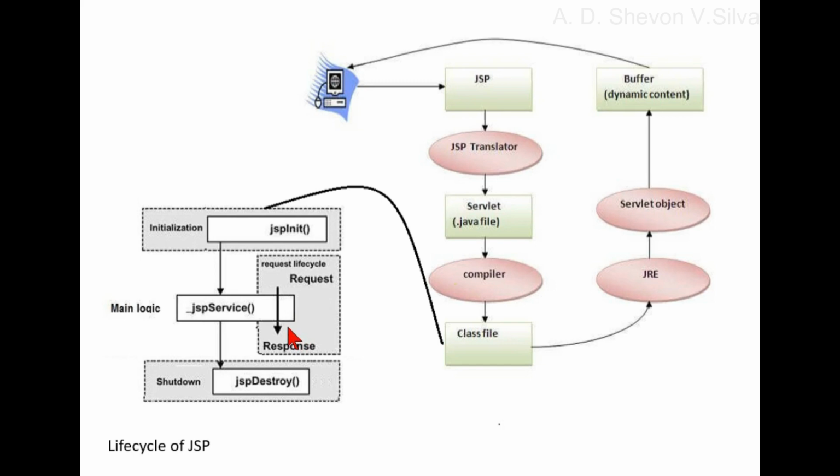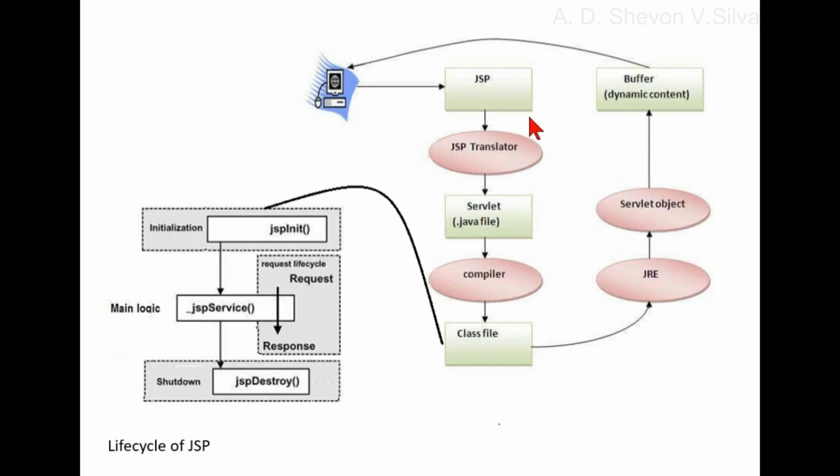Translation of JSP page to servlet. This is the first step of the JSP lifecycle. This translation phase deals with the syntactic corrections of JSP. Here the test.jsp file is translated into test.java.